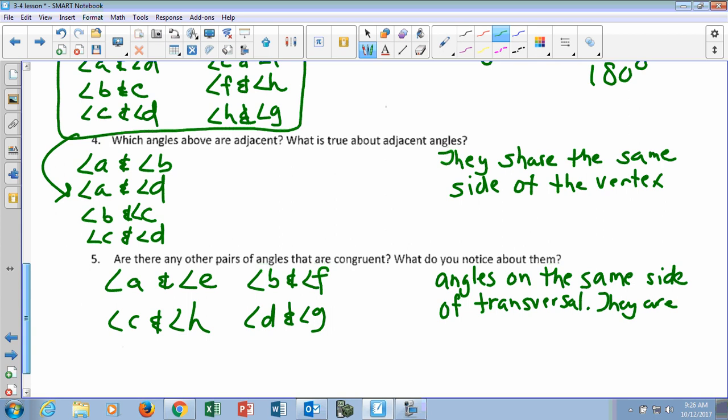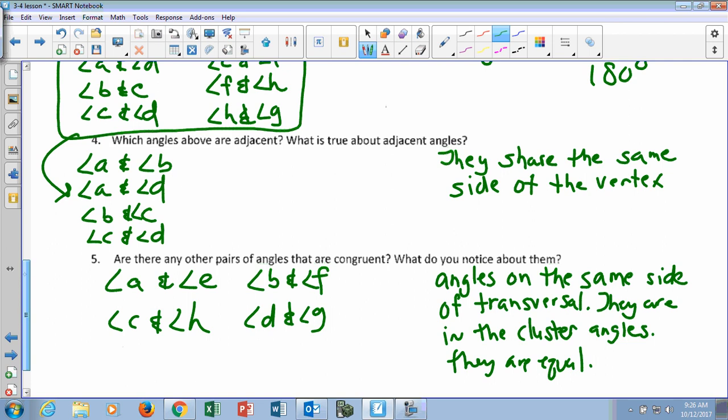And they're basically in the same spot of the cluster of angles. And of course they got to be equal, right? So for example, I'll come back to this in just a second.